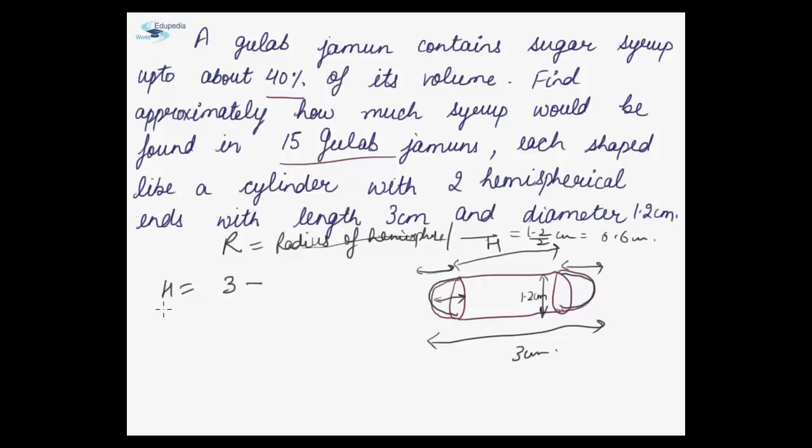So height h of cylinder will be 3 minus 2 into 0.6, because this value is 0.6 and this radius is also 0.6. So it will be 3 minus 1.2 centimeters, that is 1.8 centimeters.